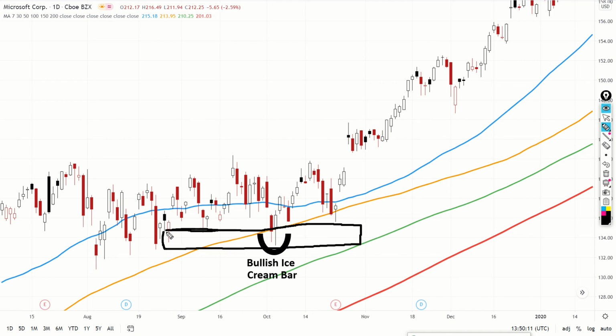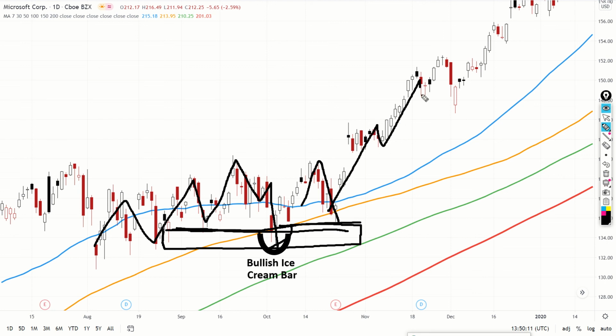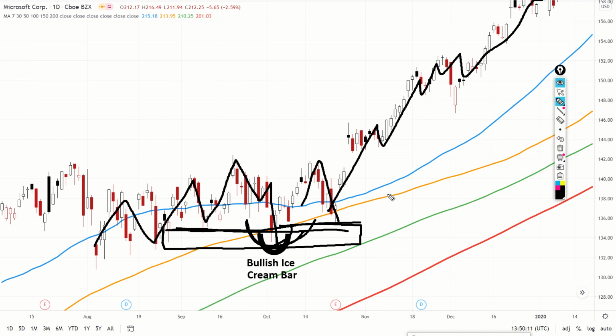This is like a demand zone. Whenever price starts to wave up and gets rejected a little bit, it bounces up and comes back to retest this zone before it starts to rally higher. So they are found at important price levels, support levels.